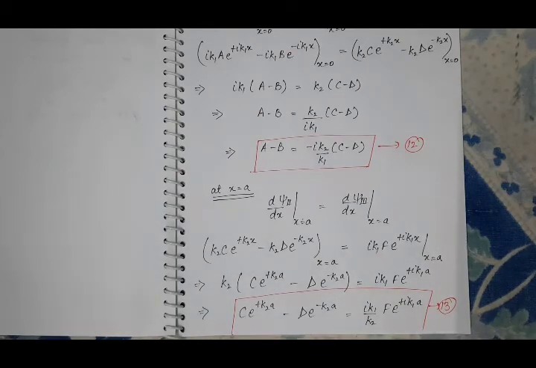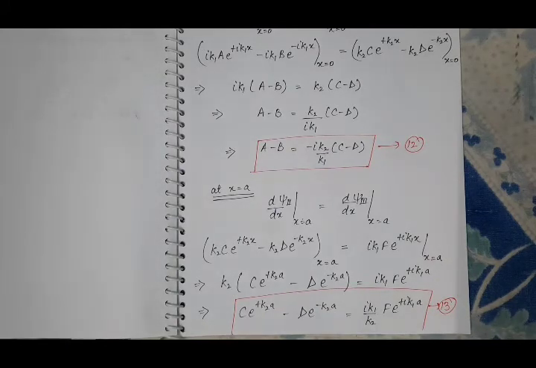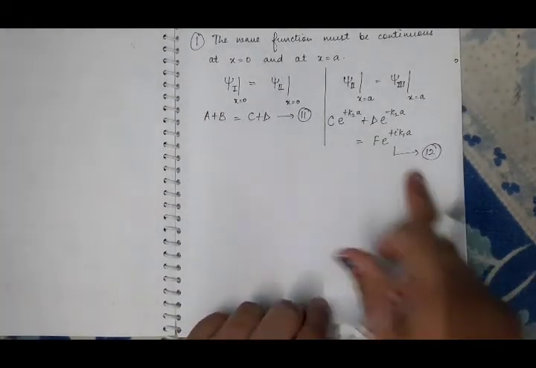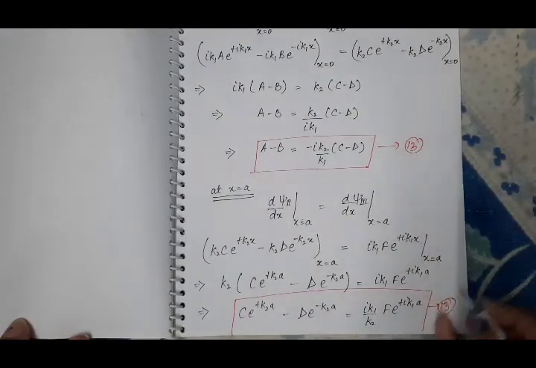Now, first of all, we will find the values of c and d in terms of f. Then we will find the values of a and b in terms of f. So out of these four equations, 10th, 11th, 12th and 13th, first we will solve the equations involving, this was 11th, 12th, so this is 13th and 14th.